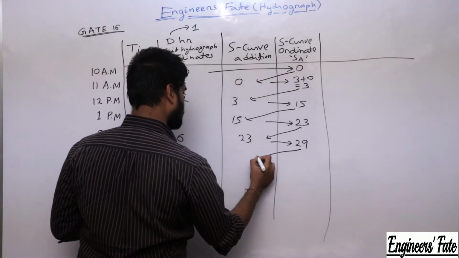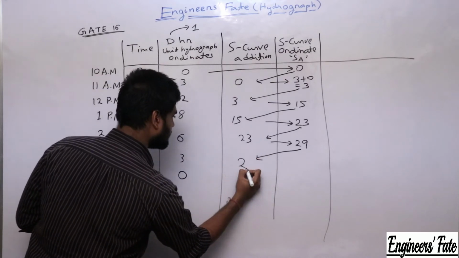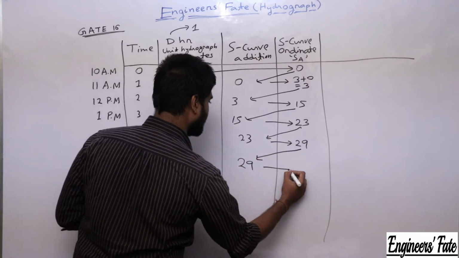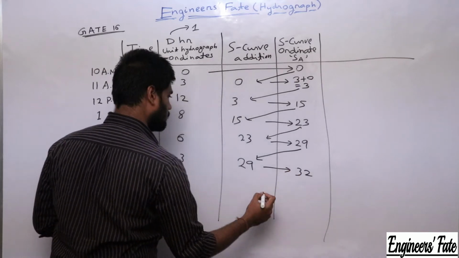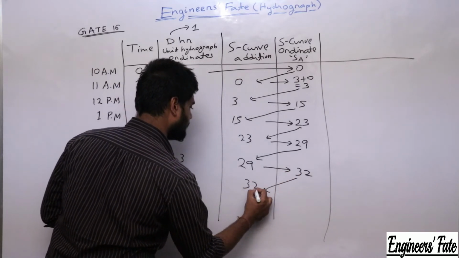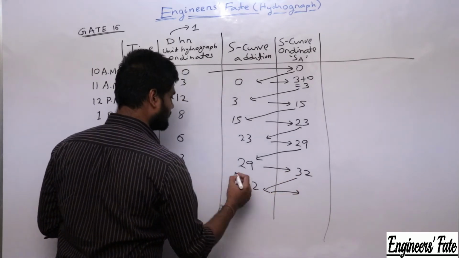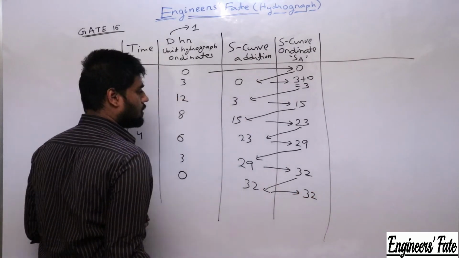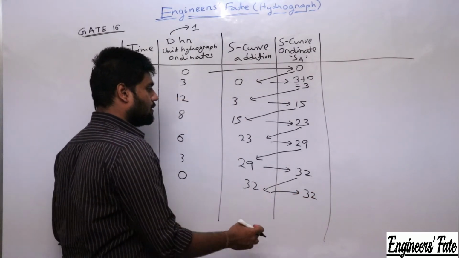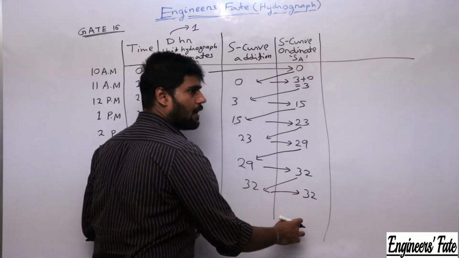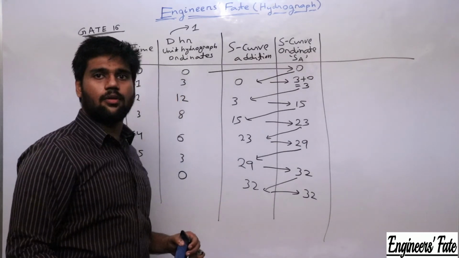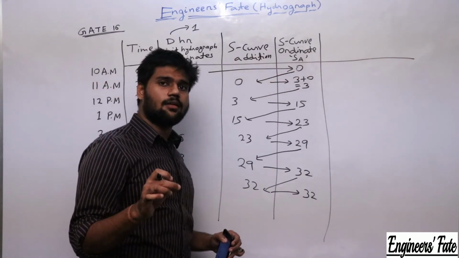Again 29 plus 3, that will be 32. Again 32 plus 0, that is 32. So you can check this is constant, and the S-curve ordinate will be constant after a certain time.